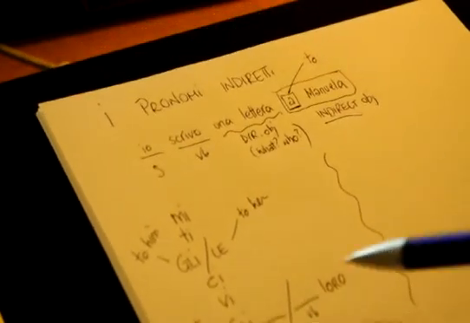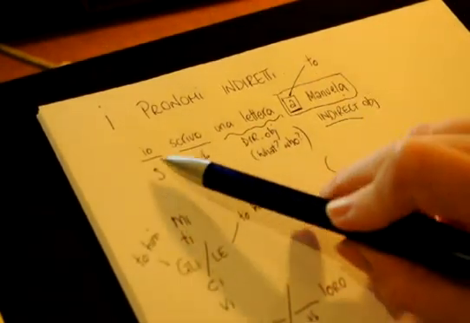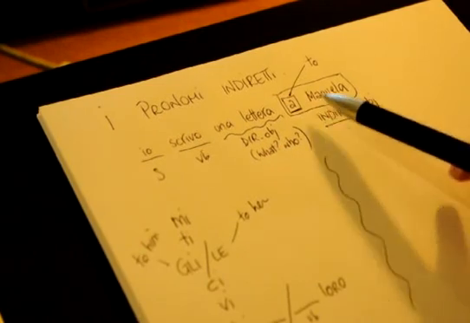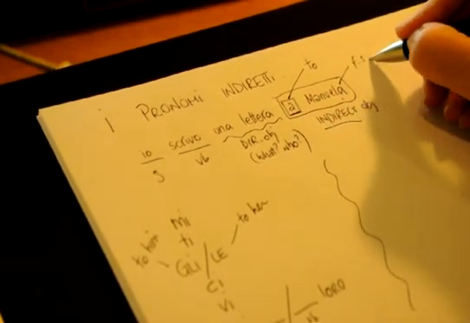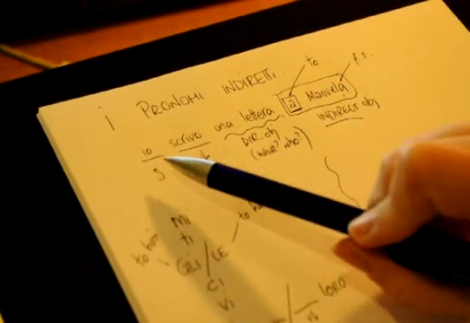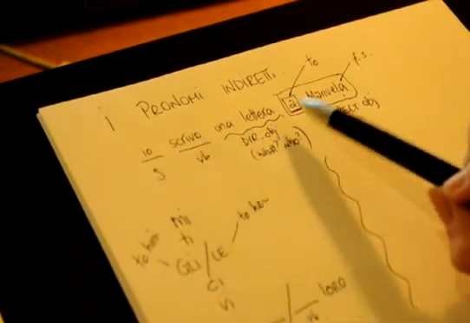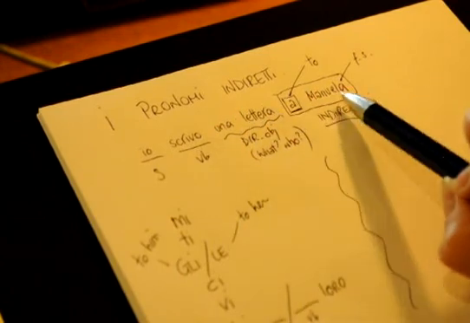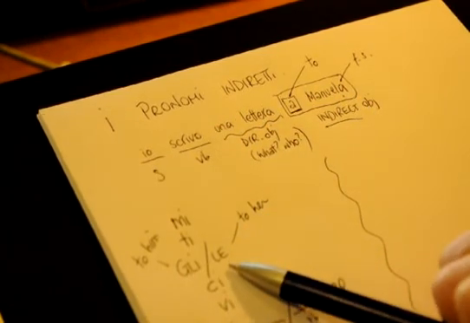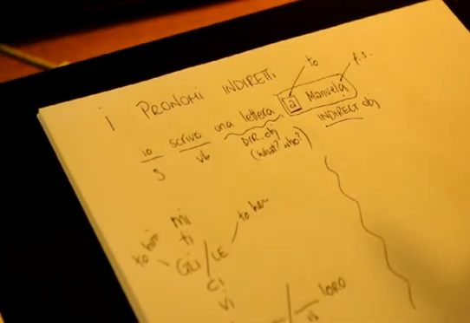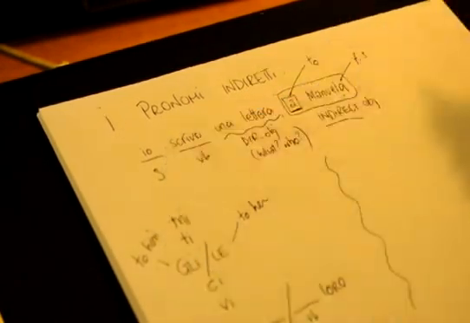Now, before I say that, if I go back here, io scrivo una lettera a Manuela. A Manuela, Manuela is feminine singular. So I want to say, instead of I write a letter to Manuela, I write a letter to her. My to her is le. That's the pronoun that I'm going to use, and it will go here before my verb.